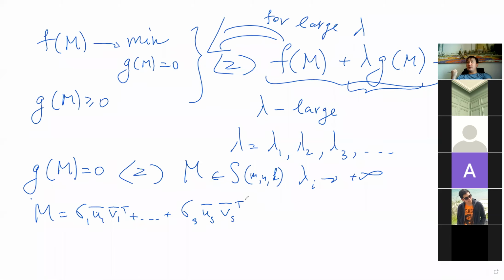The so-called Ky Fan d antinorm is the following thing. Roughly speaking, you are summing all singular values starting from d plus 1.